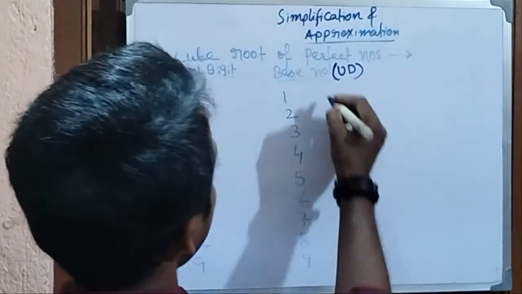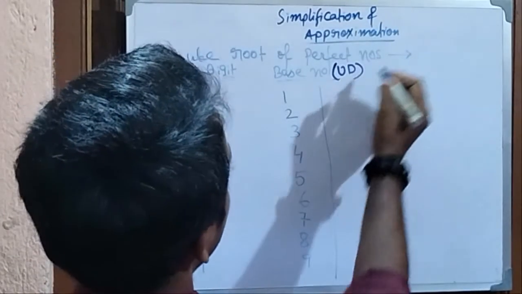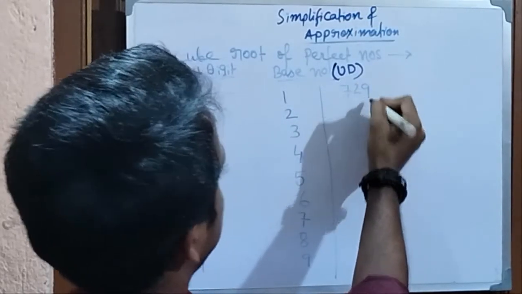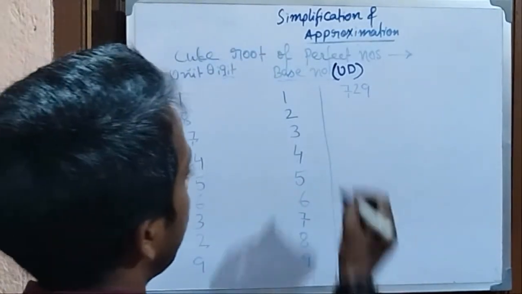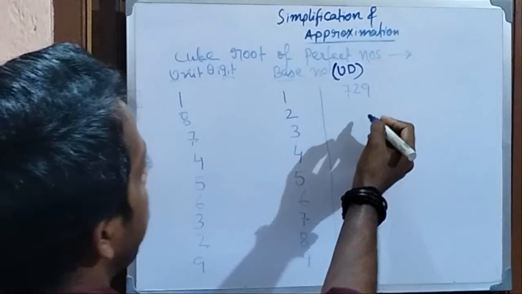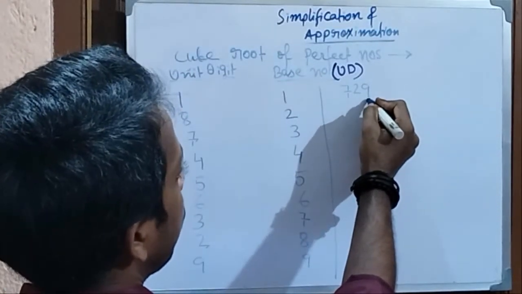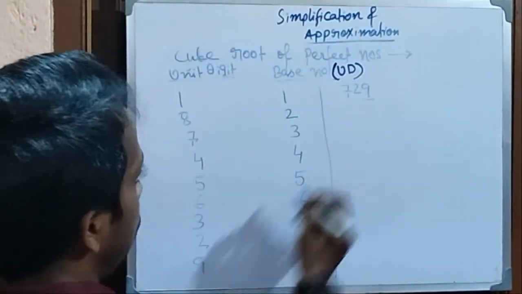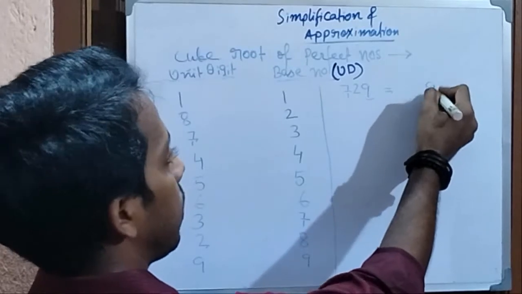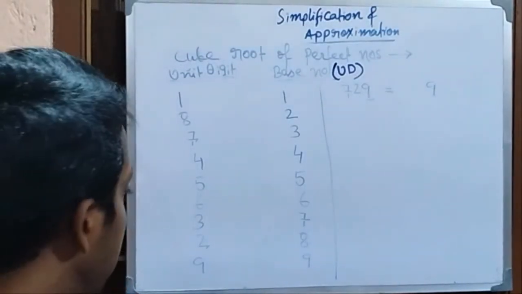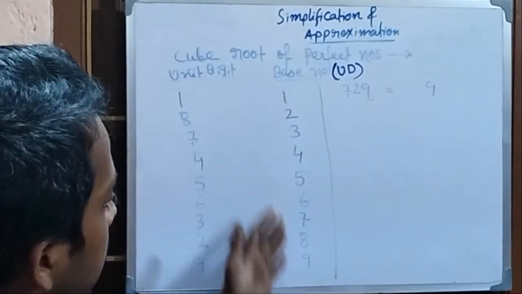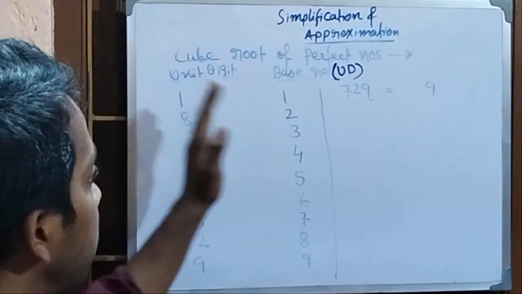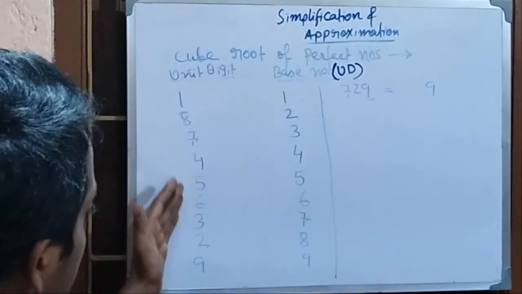Now, taking some examples, 729. Nine is the unit digit. So here only 9 would come. Why? If the base number is 9, the unit digit of the perfect cube is 9, given 729, and here it is 9.